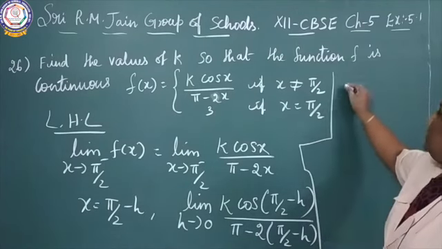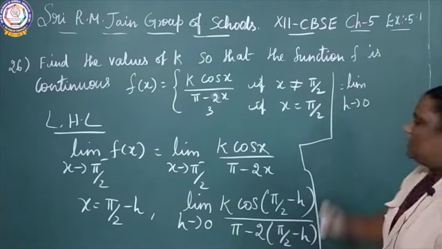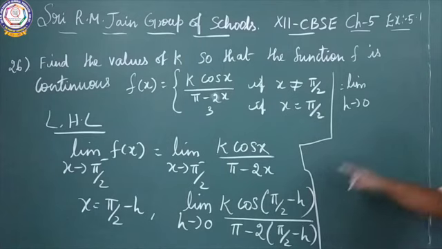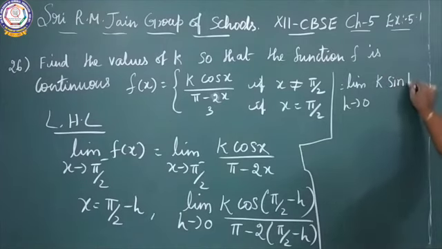See here, limit h tends to 0, cos of 90 minus theta is sin theta. So k into sin h, because it lies in the first quadrant, all the values are positive.